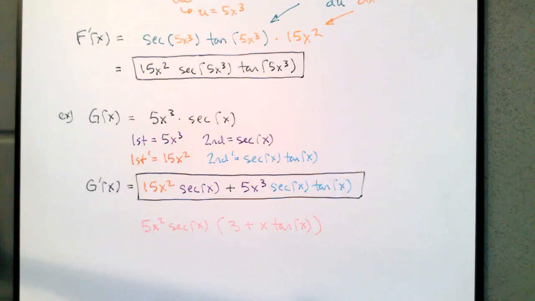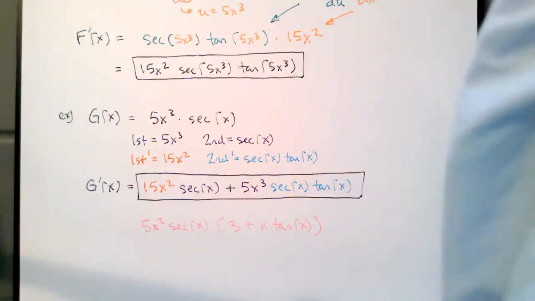One thing to notice about this G prime, I deliberately made this 5x cubed times secant, whereas the previous one we had 5x cubed times tangent. Notice that in 5x cubed times secant, the derivative had a 15x squared and a secant, then a 5x cubed and a secant x tangent x.